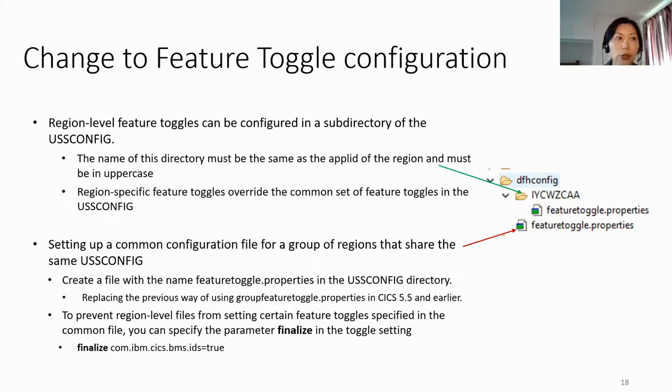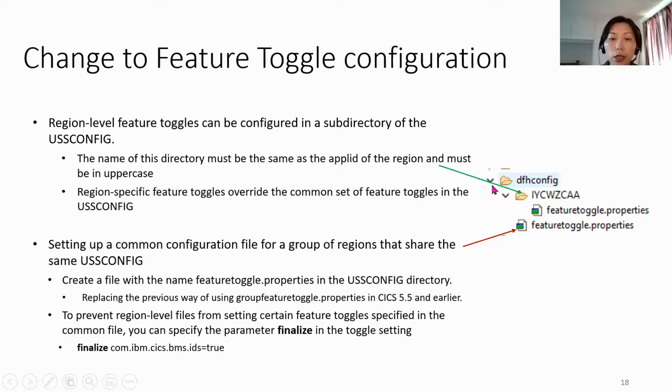We see it as a way to provide temporary options for CICS startup and how it behaves. Previously, to specify a feature toggle, you could specify one for each region, or one for a group of CICS regions. But from 5.6, we changed the way you specify the feature toggle.